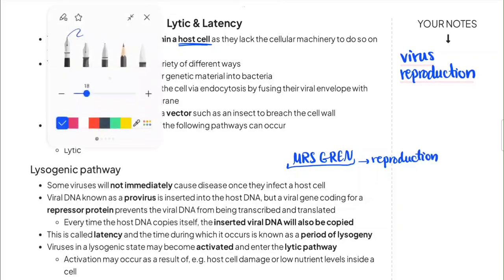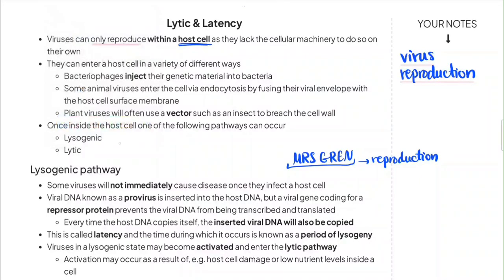Well, they are considered obligate intracellular parasites. And this terminology you should know, by the way. Obligate intracellular parasites, which means they can only reproduce within a host cell because they do not have the cellular machinery nor the materials to synthesize more viruses.